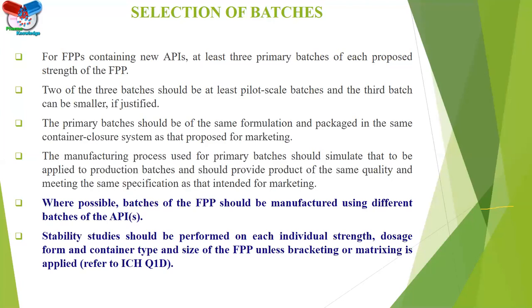Wherever possible, batches of finished product should be manufactured using different batches of API. Means if we include in the stability study different batches of API from the same vendor, the stability study should be quality-wide. Means we can study the lot variation also there.